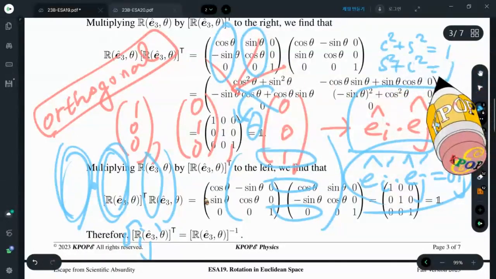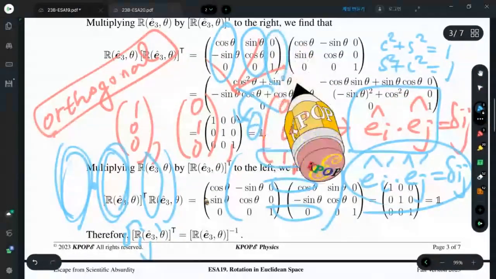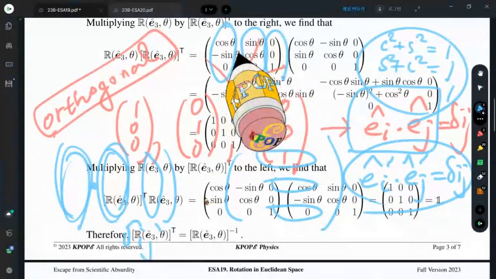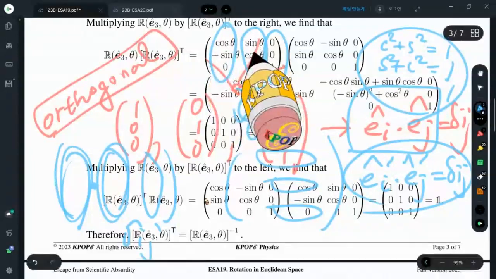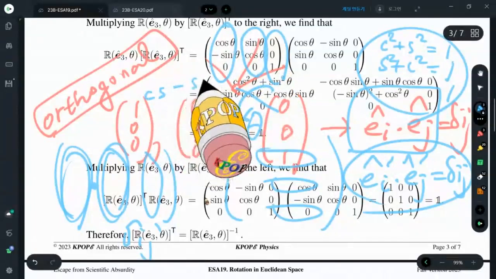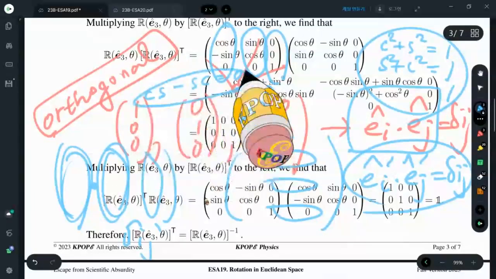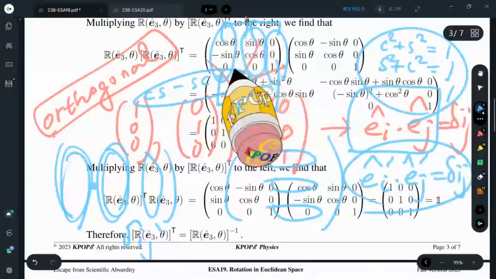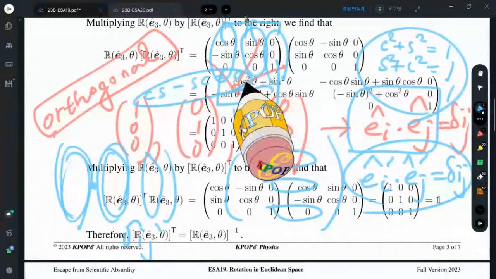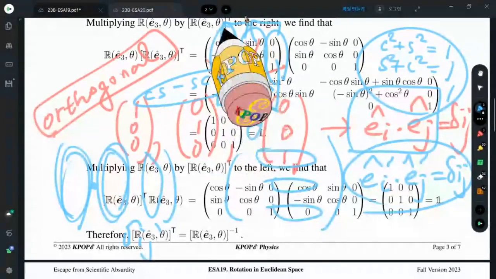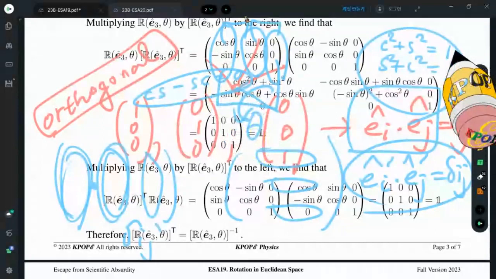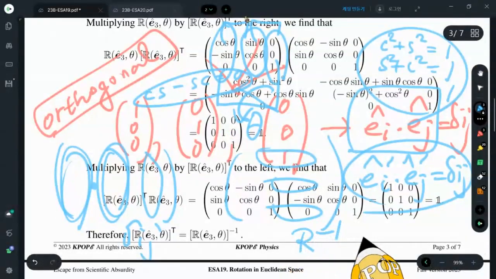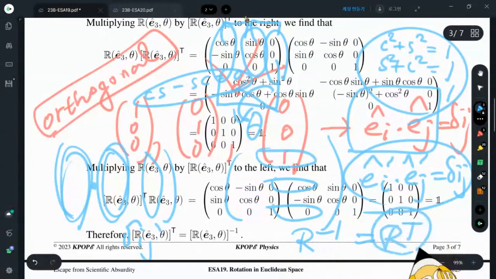Sine squared plus cosine squared is 1. This square is 1. Everything is okay. And what about the scalar product between the two columns? Cosine sine minus sine cosine is 0. Simple. Any scalar product of two different columns or rows disappears. Only itself squared is 1. Very simple. That's the reason why the rotation matrix inverse is nothing but the transpose.